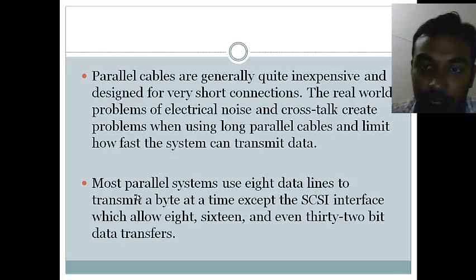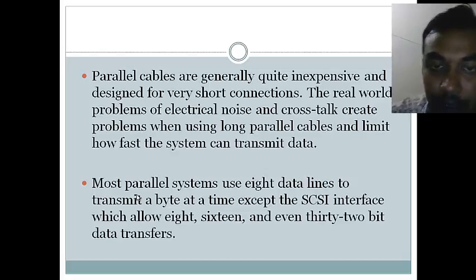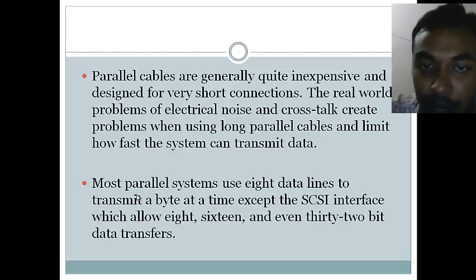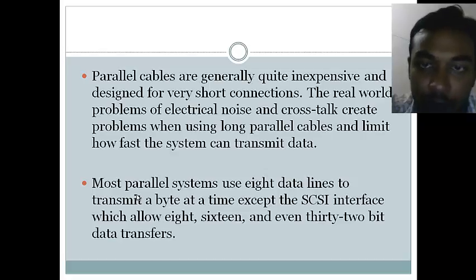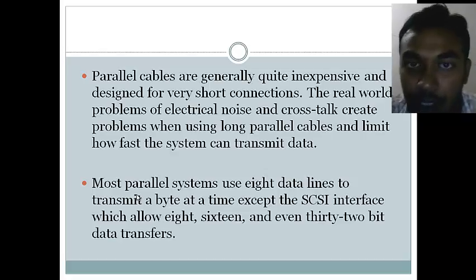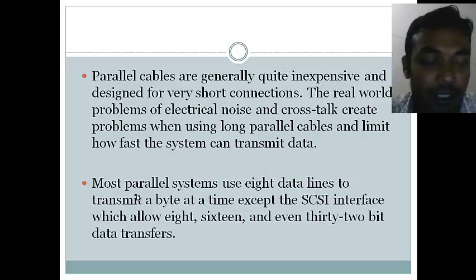This will affect your parallel data traveling in a parallel series, so the lines may interact with each other, and the output data will have a different value. To avoid that, we use a single port. But over short distances, like a computer LAN connection, you can use parallel data transmission.